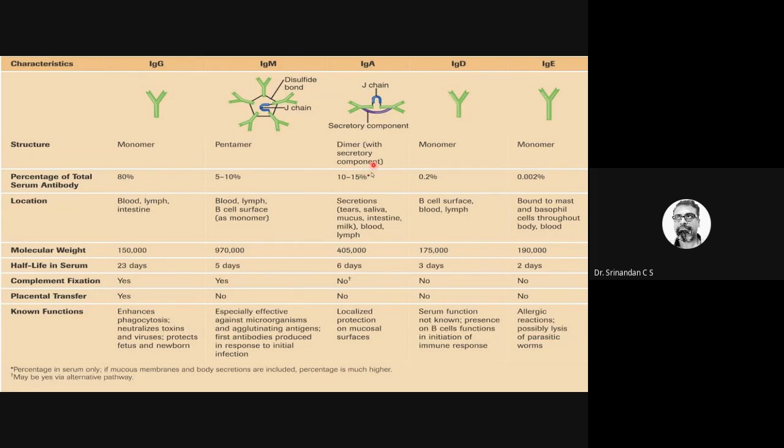You have IgA, which is around 10 to 15% in the body, and it is present in all the secretions: tears, saliva, mucus. It is particularly important because IgA is present in milk also.